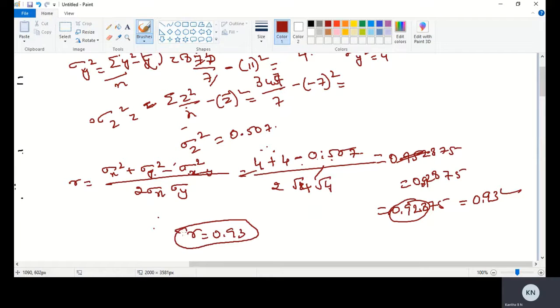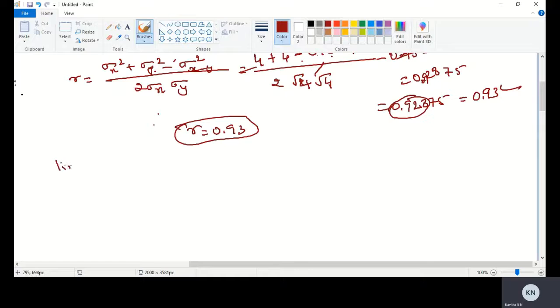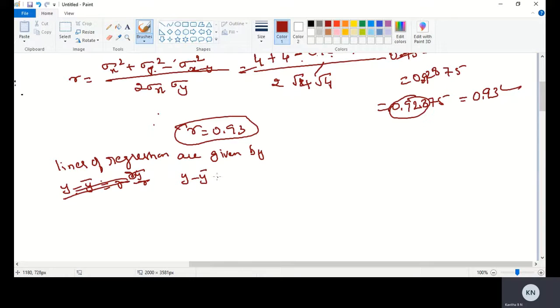Then next we need to find the lines of regression. We have two lines of regression, given by y minus y bar is equal to r into sigma y by sigma x into x minus x bar.